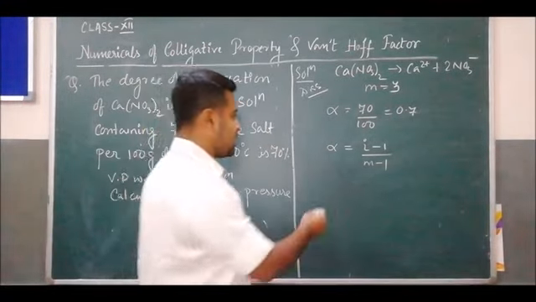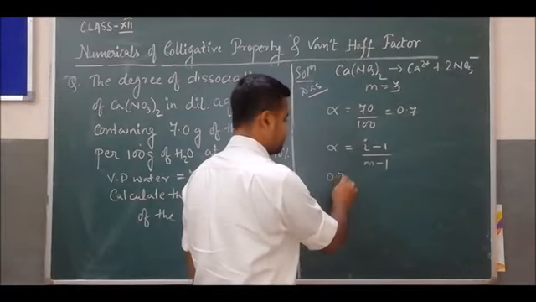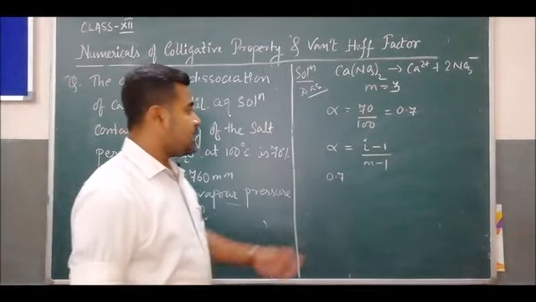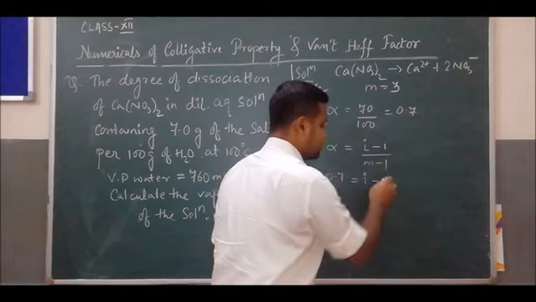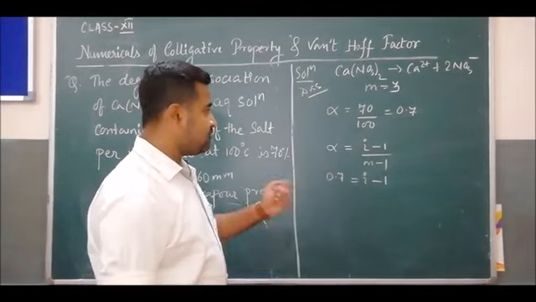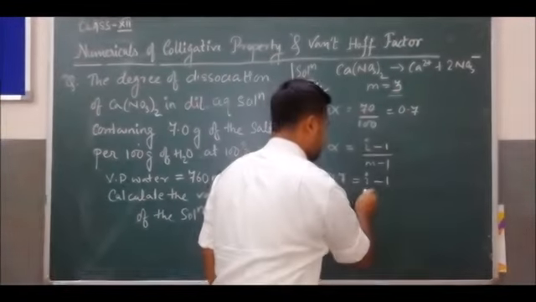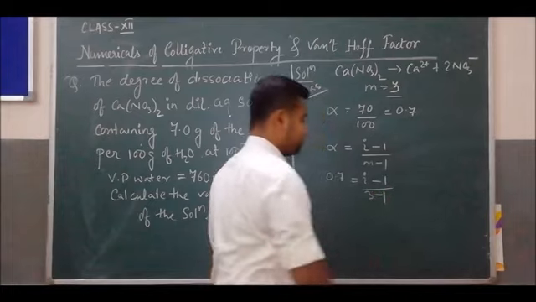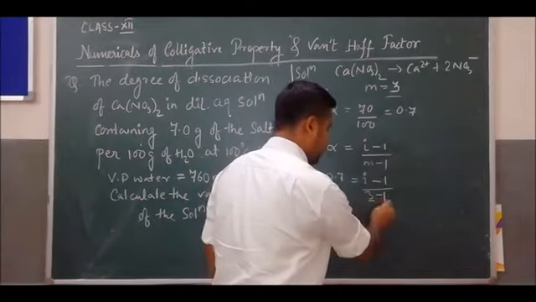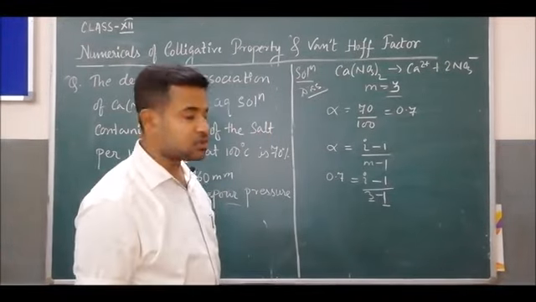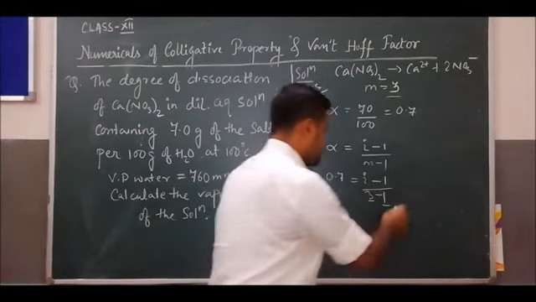So here alpha value is 0.7, the i value we have to find out, minus 1, and the M value we get is 3, so 3 minus 1. What value will we get? 3 minus 1 is 2.